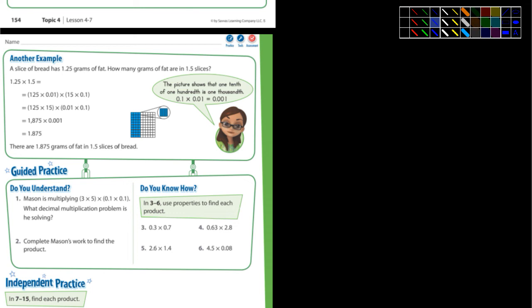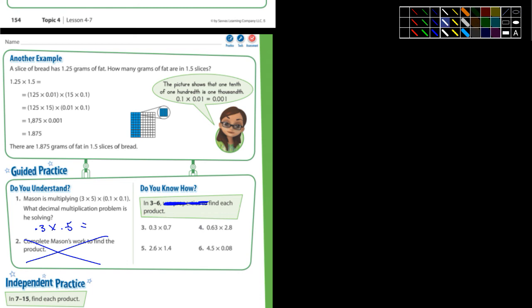I'm just going to give you that one. It's going to be 0.3 times 0.5. And then solve it. So cross out number 2, not worried about that. And then in 3 through 6, it says use properties to find each product. That's not necessary.